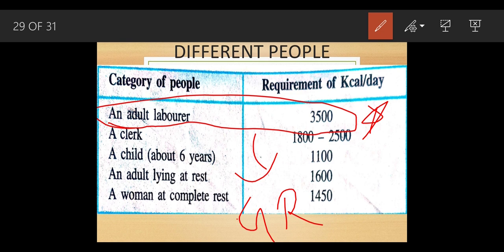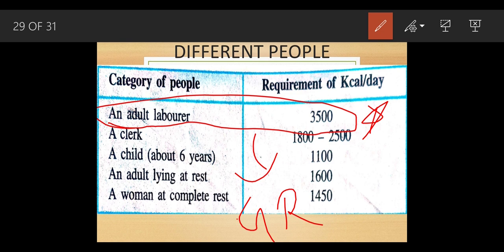An adult laborer needs more kilocalories because a laborer does a lot of physical work. A person who does a lot of physical work will definitely be eating more, so his body needs a lot of energy so that he can work that hard.